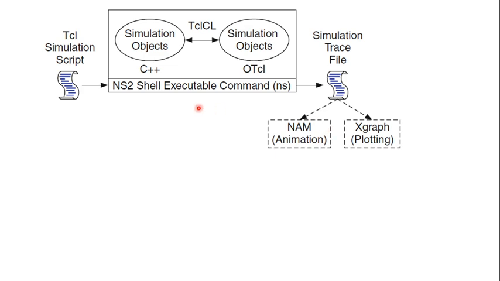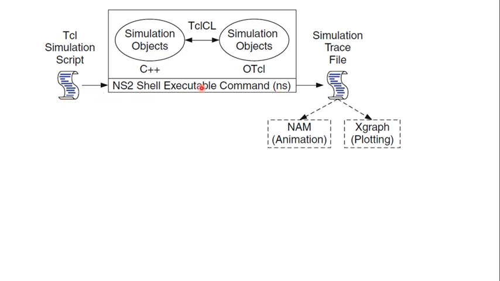So here is an example. Here, if you observe, the TCL script generated by the user or the programmer is executed by using the NS2 executable command. What is the command? It is just ns.